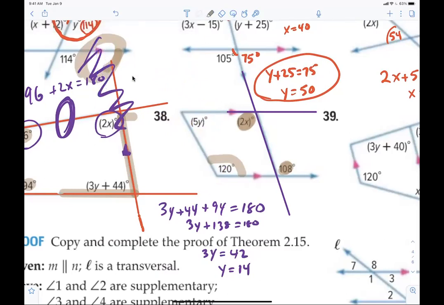We want to know about 2x and 108. But with the other line, 2x and 108 wouldn't be alternate interiors. Well, what would they be then? I don't know. Alternate sides of a transversal, and they're on the inside of the parallel lines. Okay.